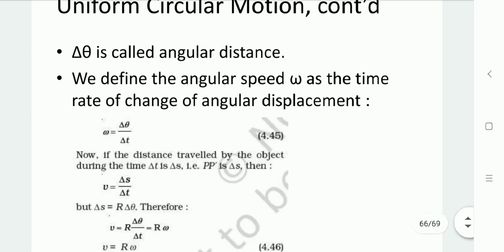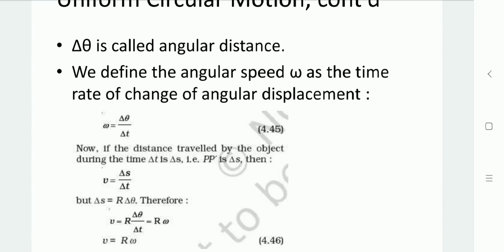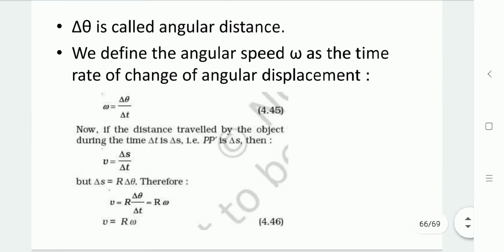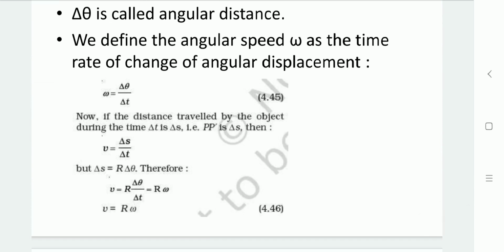Delta theta is the angular distance between two vectors that can be defined with the angular speed omega, that is equal to delta theta by delta t. Now, the total distance traveled by that object along its circular path is s.